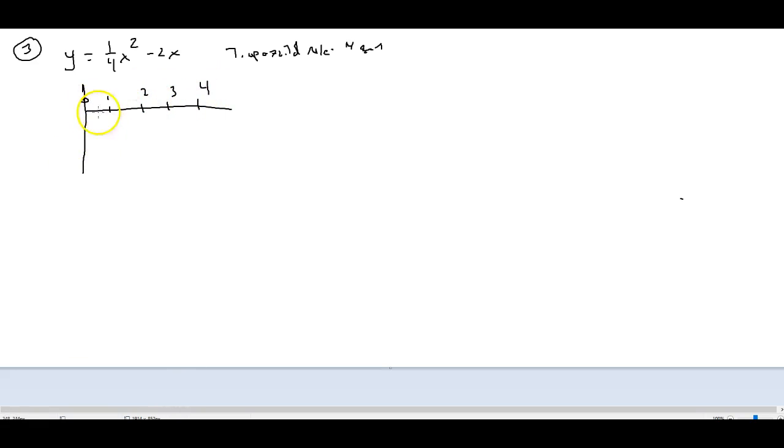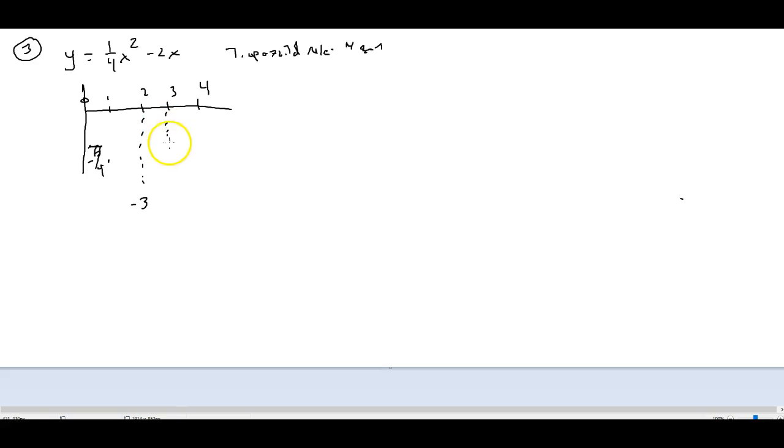Now, the first thing I do is find where these pieces are. So I plug in a 1 and I get 1/4 minus 2, and that's -7/4. Okay, and then the next one, I plug a 2 into the equation. I get 2 squared, 4, times 1/4 is 1, minus 4, so this becomes -3.